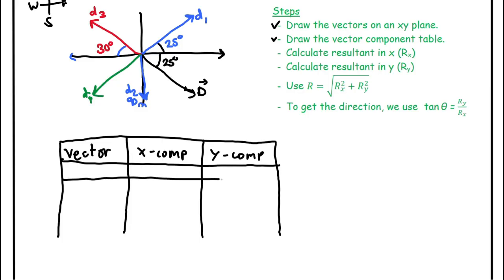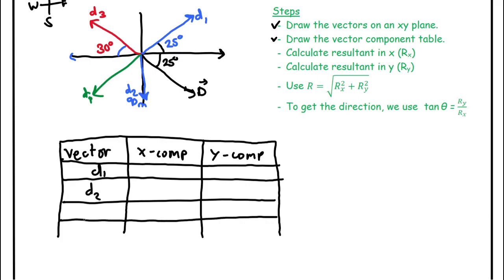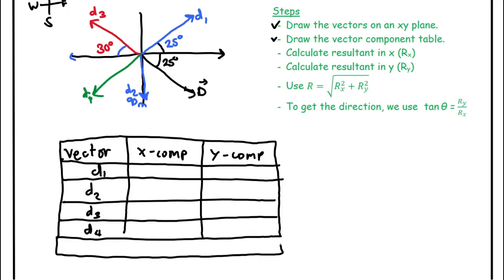Then the first row has the vector d1, the second d2, the third d3, the fourth d4, which we're looking for, and finally d, the resultant.